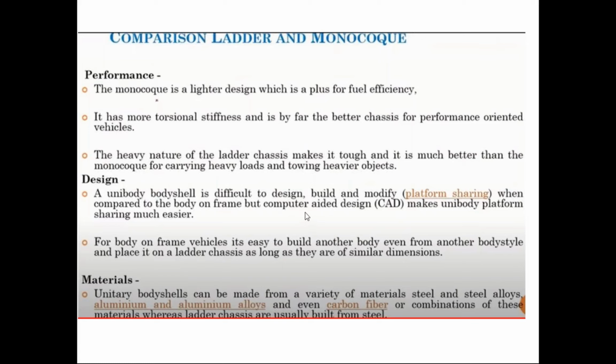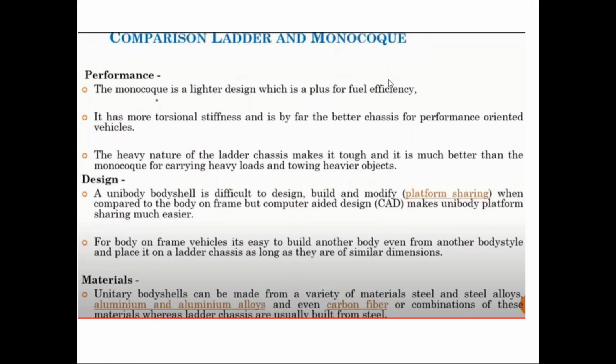Question related to monocoque type of chassis. Monocoque type of chassis constitutes manufacturing different complexities of a frame. So all the different frames together constitute a monocoque chassis, which does not have a ladder type of chassis. So directly a superstructure.